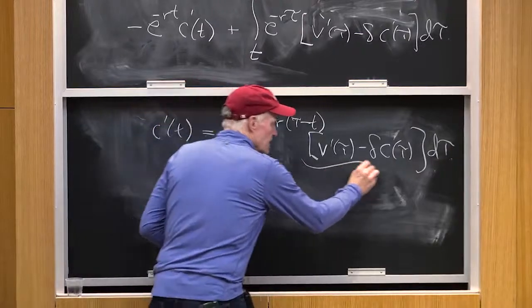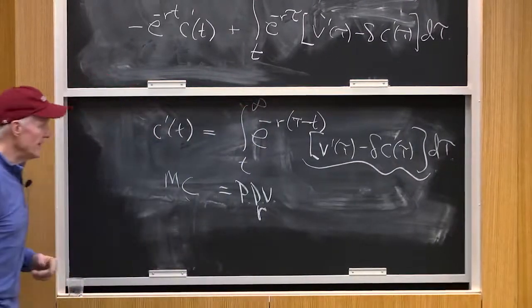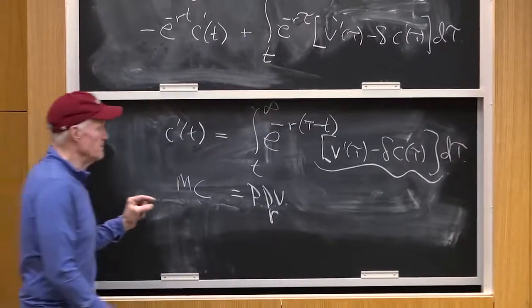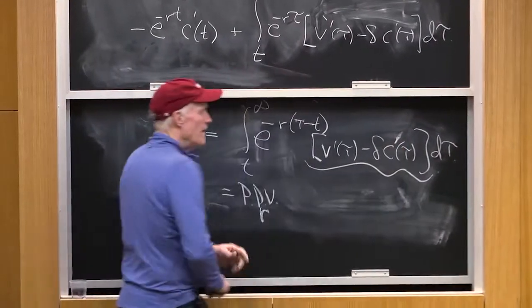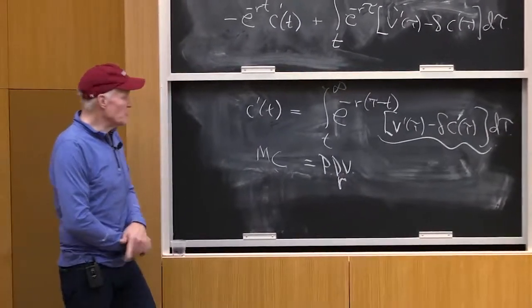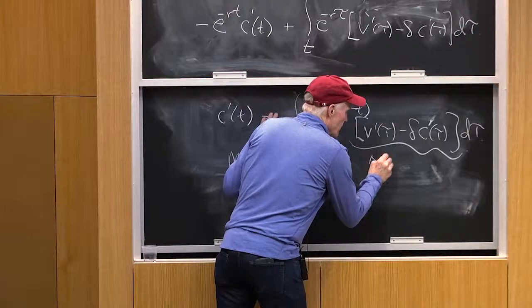And what is this? Anybody know what we call that? What is V prime minus delta C prime? What is that called? It's called the net return on capital.